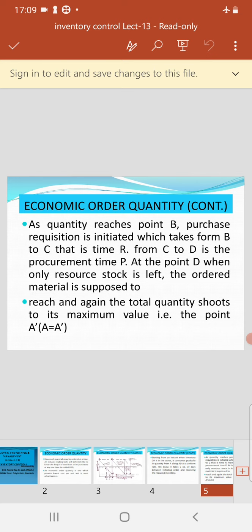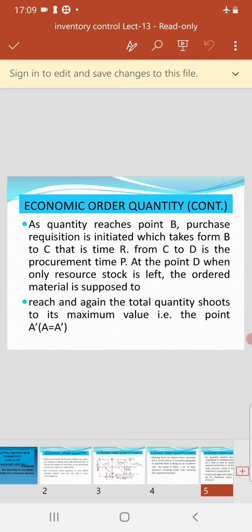That time is from C to D. So at point D, the ordered quantity will come and the inventory will again go to the maximum. The inventory again reaches the total quantity, that is the maximum value.